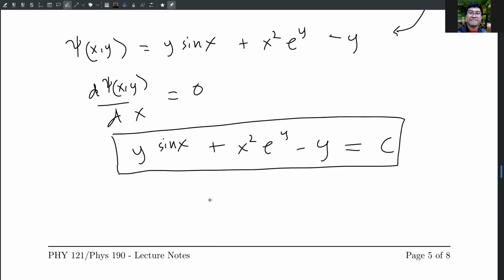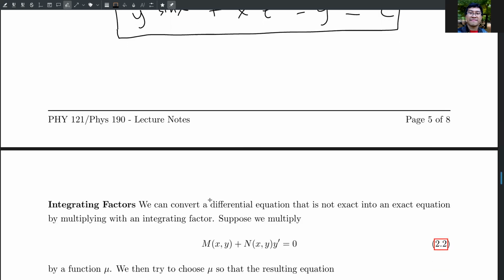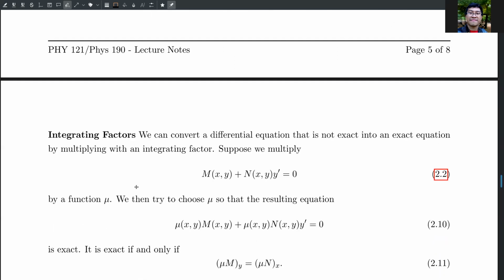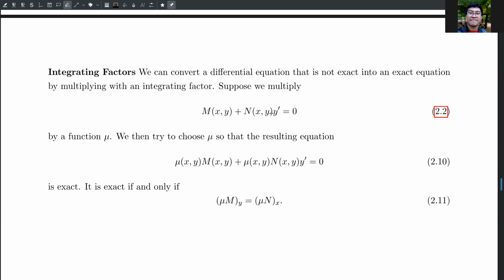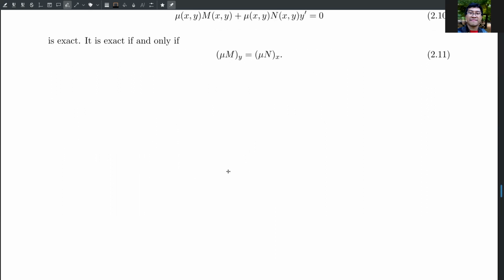There could be cases wherein you have a differential equation that is not exact, but by multiplying it with an integrating factor, it will make it exact. So you have this differential equation, it's not exact. We multiply by mu. It would be exact if and only if mu M sub y equals mu N sub x.